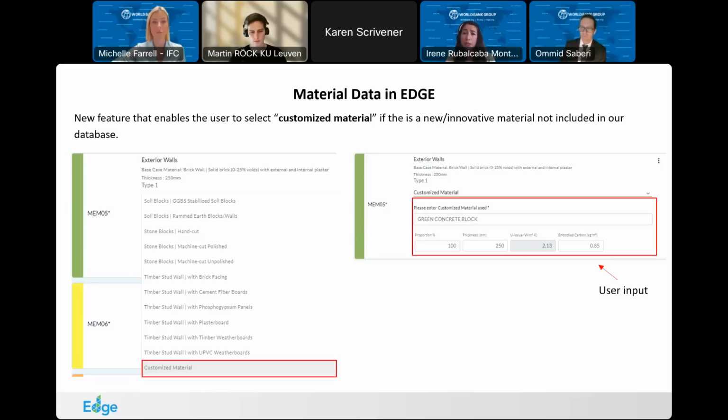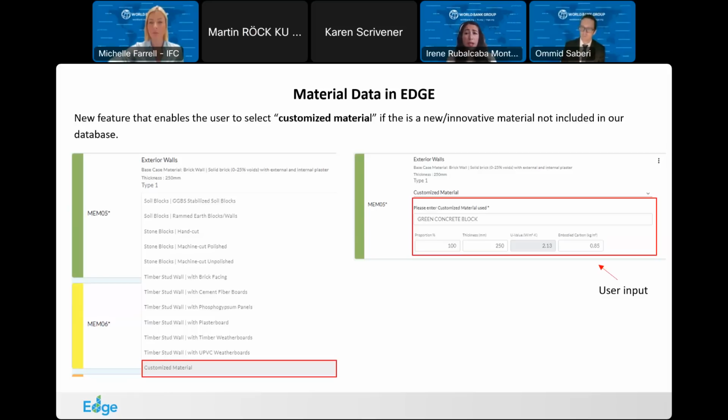So another unique feature that was recently added to the tool is that now the user is able to add new customized materials or innovative materials and their embodied carbon values. So for example, if someone wants to add a concrete block with LC3, as mentioned by Professor Karen in her presentation, now they are able to do so using our app.